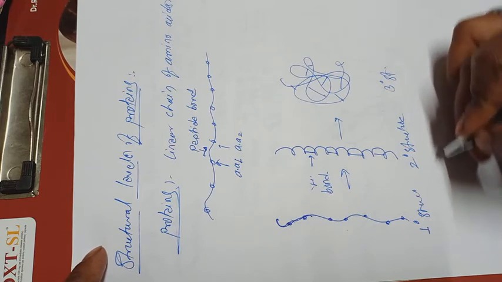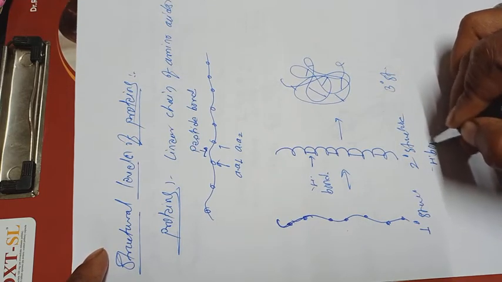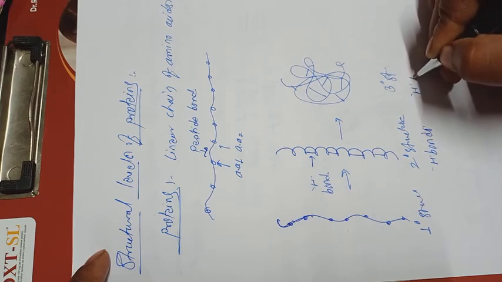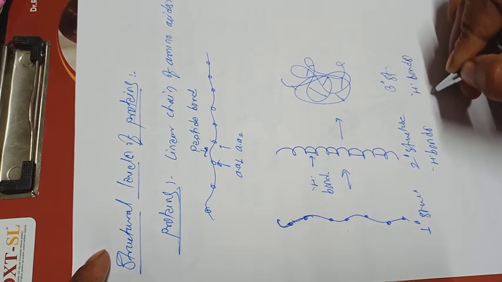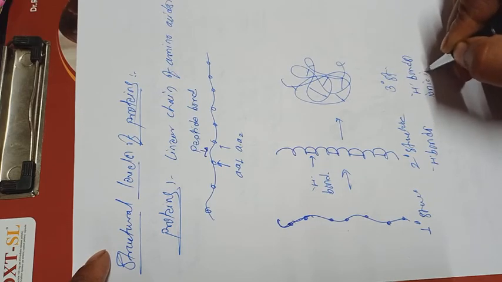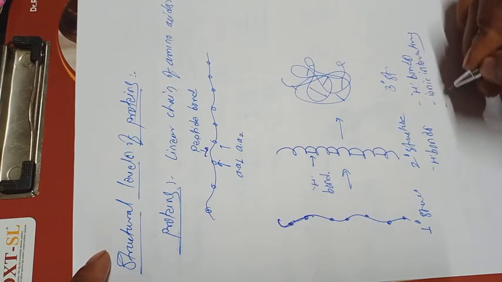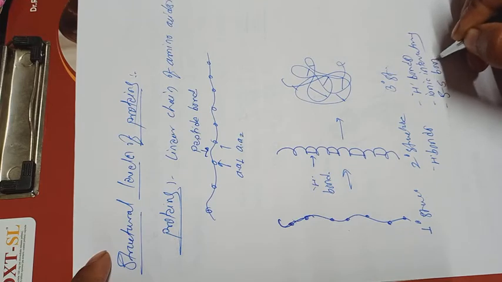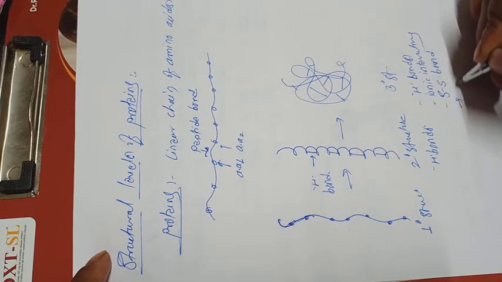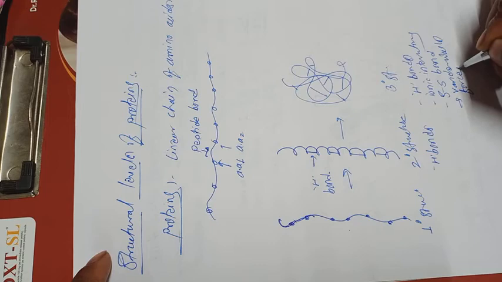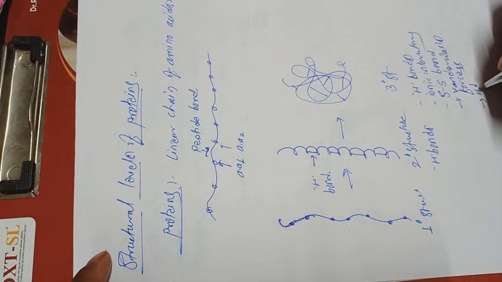In the secondary structure there are only hydrogen bonds. In the tertiary structure there are also hydrogen bonds, ionic interactions, disulfide bonds, van der Waals forces, and hydrophobic interactions.